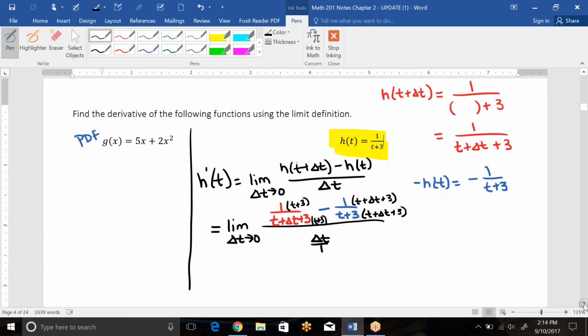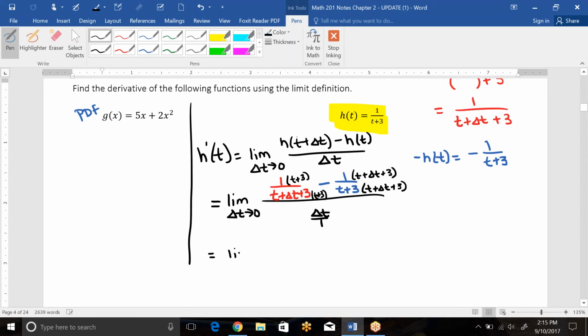So then my next line down, I have the limit as delta t approaches 0 of t plus 3 over t plus delta t plus 3 times t plus 3. So we've got that big fraction there. And then we have minus t plus delta t plus 3 over t plus delta t plus 3 times t plus 3.